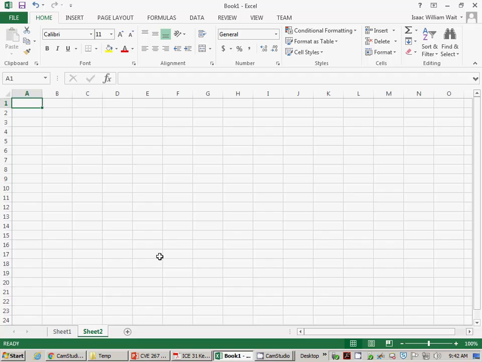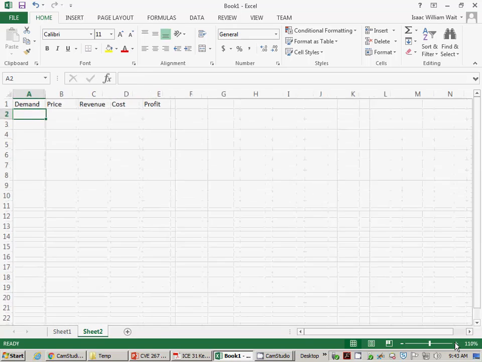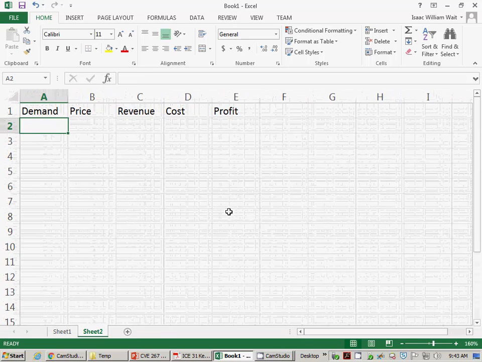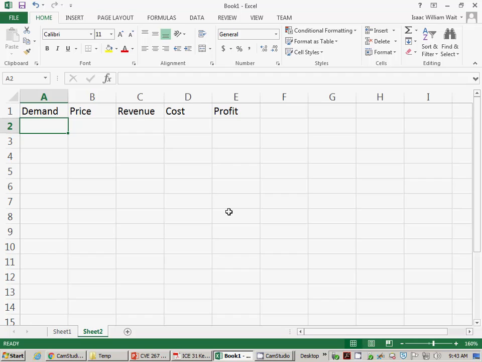All right, so what I'm going to do for Excel is I'm going to have demand, price, revenue, cost, and profit. Demand is going to be, for this one, 100, 200, and we'll just find out for those certain levels of demand, what price should I have in order to get that demand?